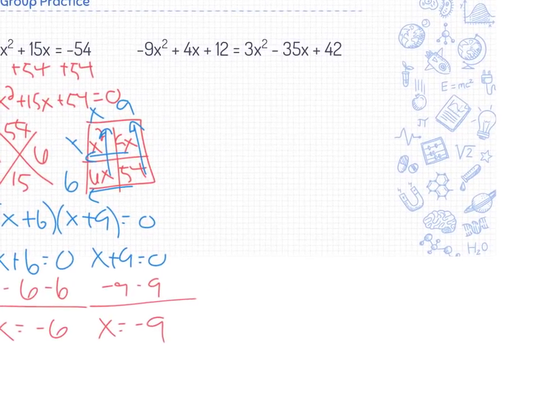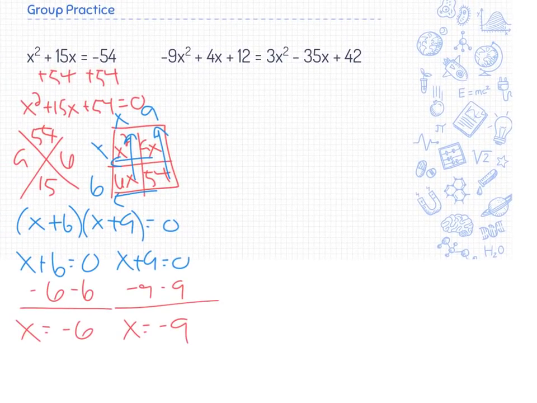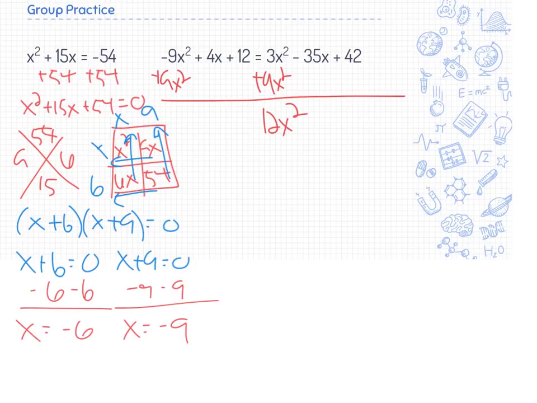Alright, let's take a look at our second one now. So this one's a little bit involved, but let's just go through one step at a time. So we're going to get it set equal to 0 to start. So with that, I'm going to add 9x squared over. So that gives me 12x squared. And then I'm going to do a couple different steps at a time.